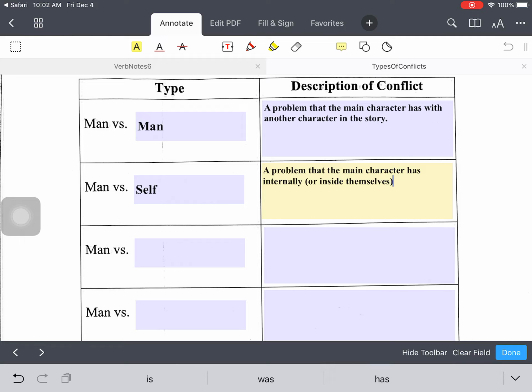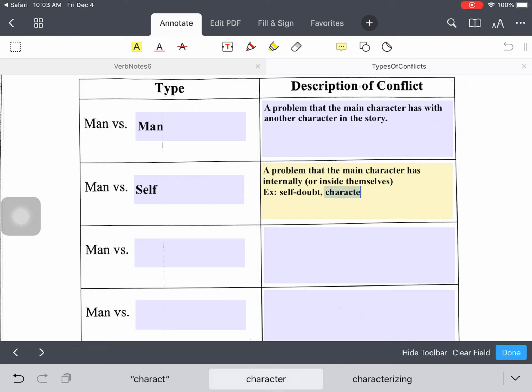So this is really going to be kind of an emotional or a mental problem that they're having. For example, this could be self-doubt. If they're struggling with self-doubt, they're just really unsure of themselves, that would be a man versus self problem.